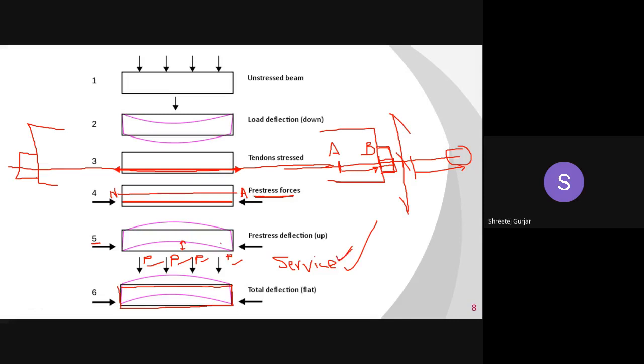That deflects the beam by a certain amount, and when it is put into service, when those loads act on this beam, it will come back to its original or neutral shape. It will be flat. Your total deflection in the end will be flat. Okay, so this is nothing but the pre-stressing concept.